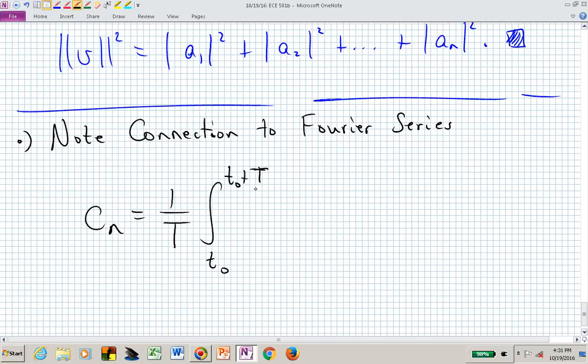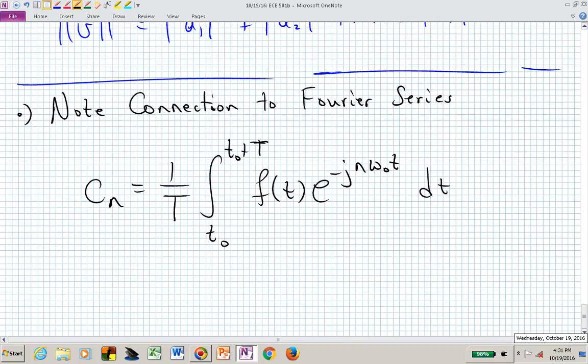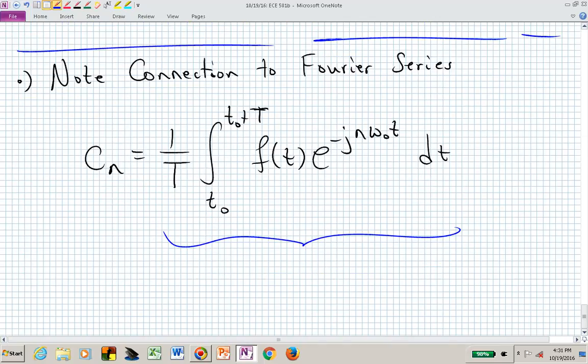And what we do to find the Fourier series of a generic function is we take that generic function f of t, we weight it by e to the minus j n omega naught t, and we integrate with respect to t. But what is this integral? This integral can be thought of as an inner product.